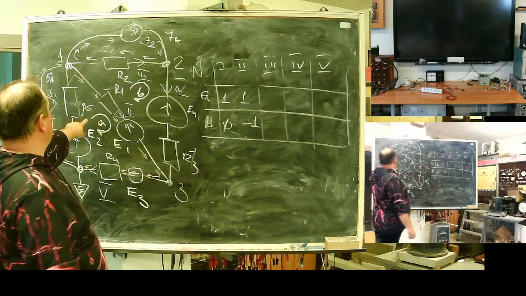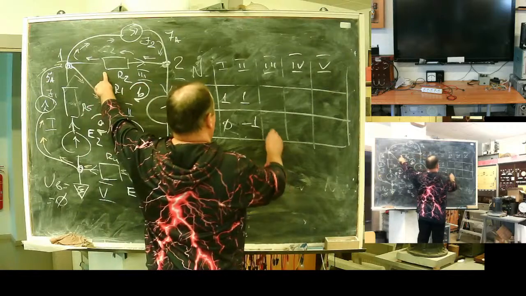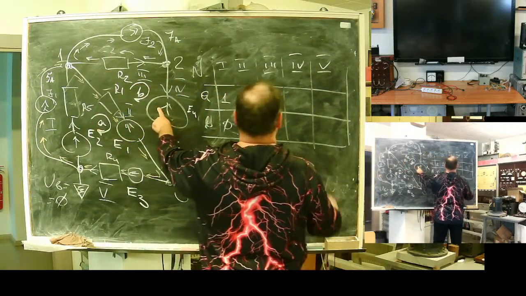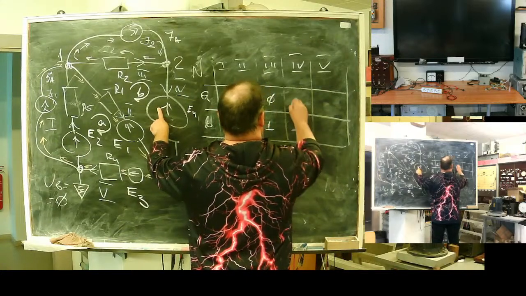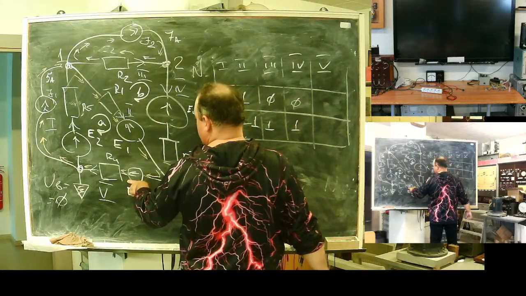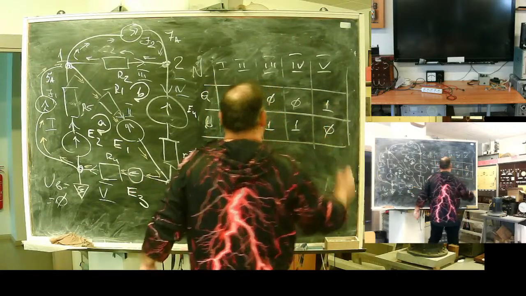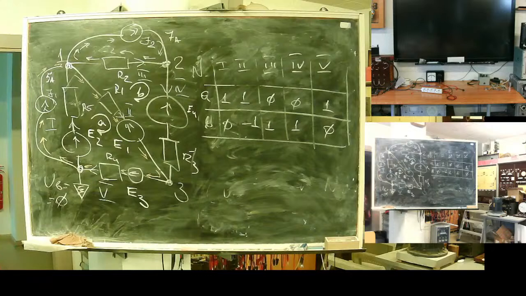Third branch: B 1. Number 4: B 1, 0, and number 5: A 1, 0. Here it is. You can take a picture if you want.